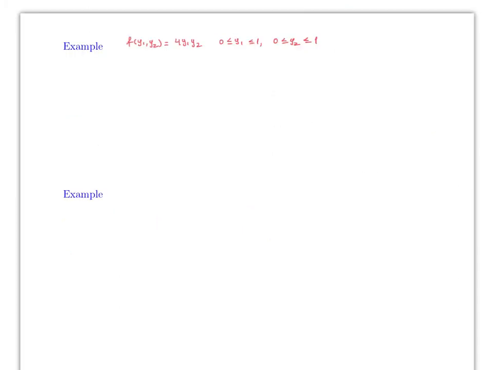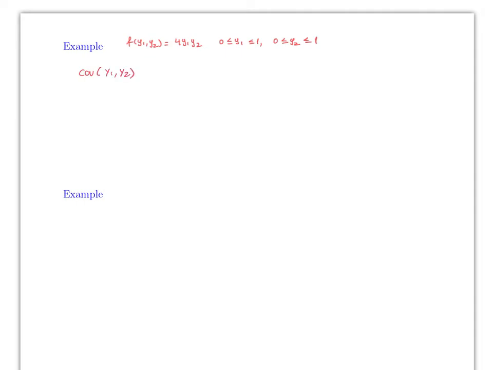Now let's do an example in continuous time. So we have this joint density function, which we also worked with before. So we want to find the covariance between y1 and y2.